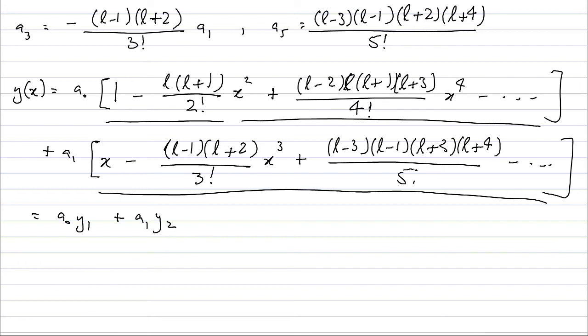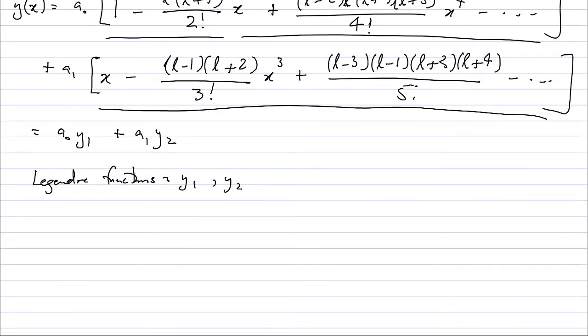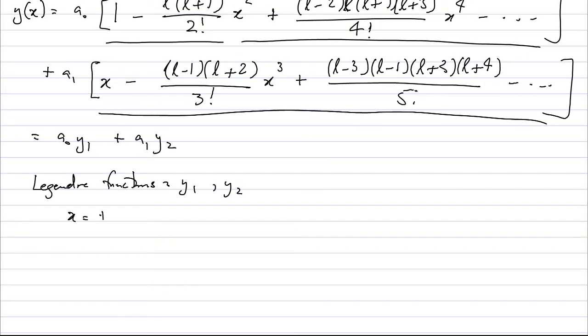Fine. So that's my solution to the differential equation, except that there's a problem when you come to applying this physically. y1 and y2 you can call Legendre functions. The problem is essentially that both of these power series diverge when x is equal to plus minus 1.